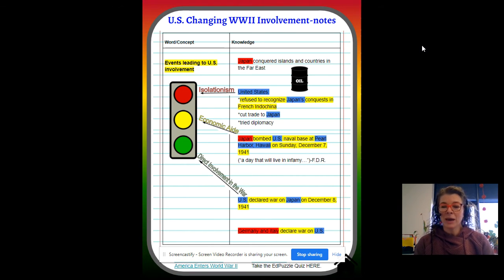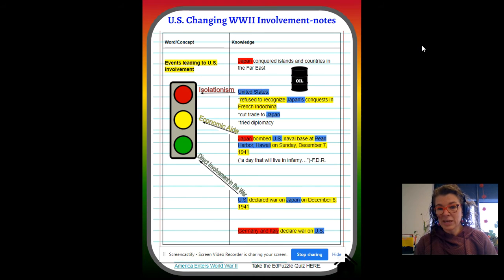When Japan starts taking over what's called French Indochina, which is an area in Southeast Asia, they invade for its resources, such as oil. And of course, America tends to not want a country to invade another country without consent. And so we were like, no, no, no, Japan, and Japan did it anyway.